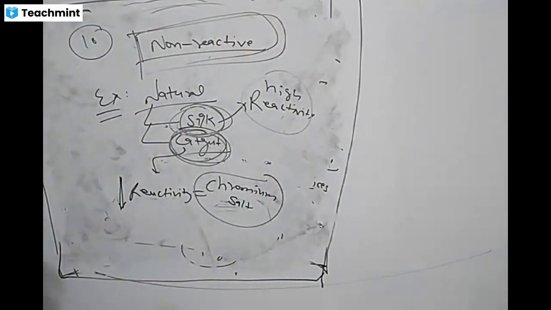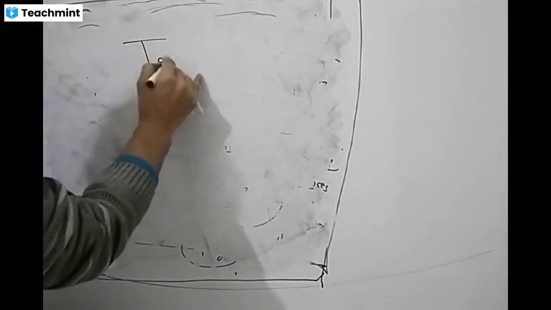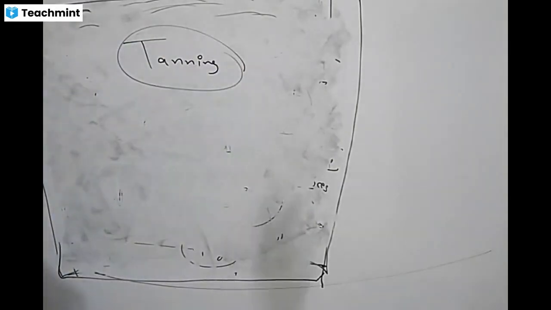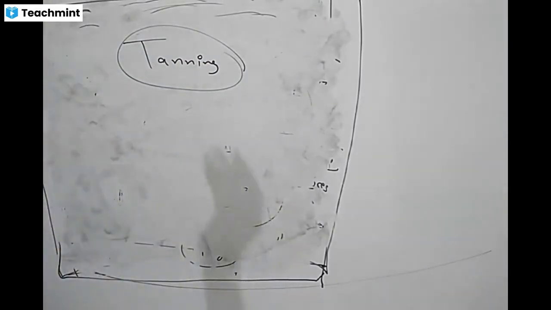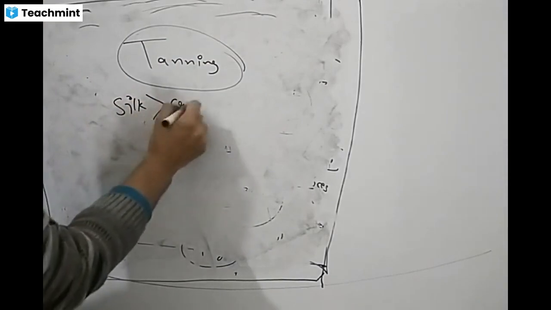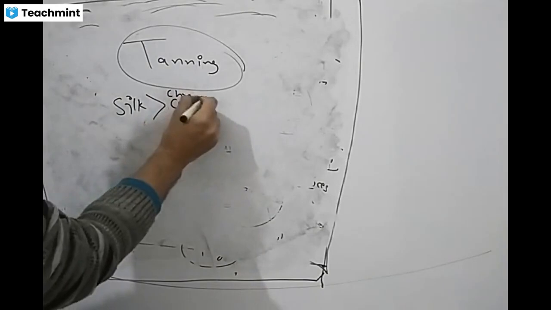Silk is highly reactive, and catgut is also reactive, but to reduce its reactivity, we add chromium salt, and the process is called tanning. Addition of chromium salt reduces its reactivity and increases its half-life. So we should call it chromic catgut.